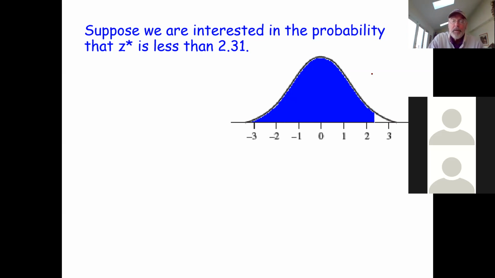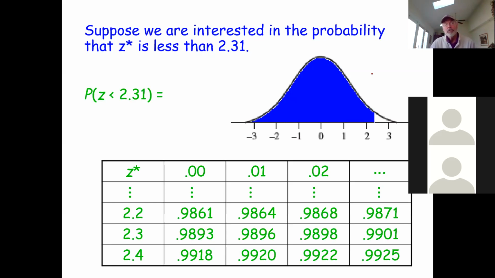It's probably in the 90s. But we're doing the same sort of thing here. We're looking at this value right here for our probability, 0.9896. All right, and that is the probability of that. Questions?